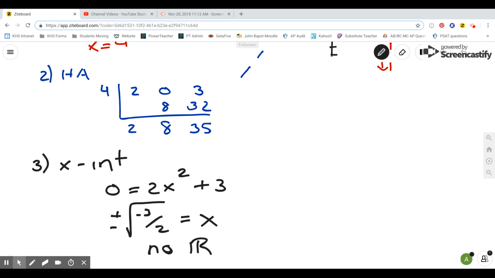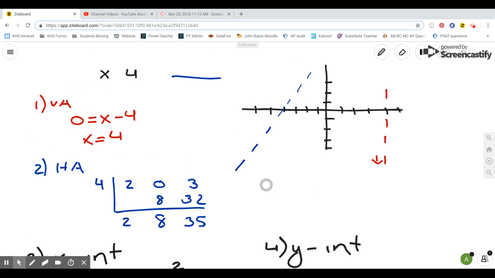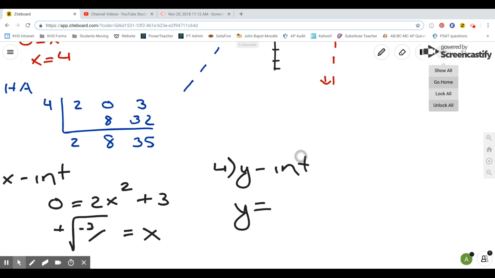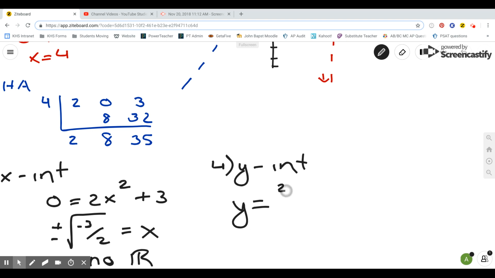So we have nothing to add to our graph from there. Let's take a look at y-intercepts. That happens when x is 0. So we're going to have 2 times 0 squared plus 3 all over 0 minus 4.